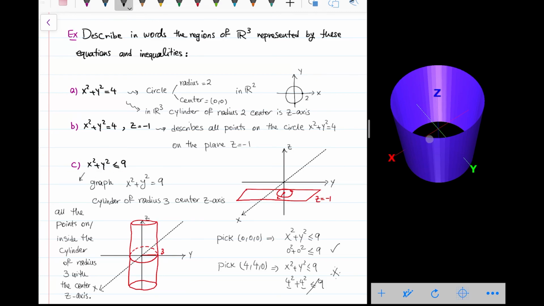So this region, part C, describes all the points that are inside the cylinder and also on the cylinder.